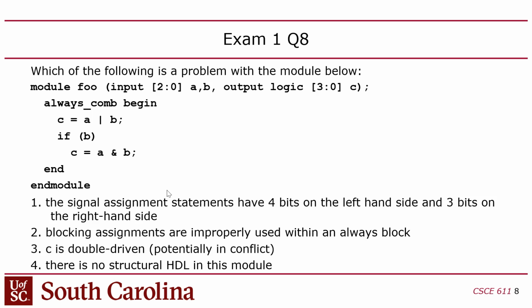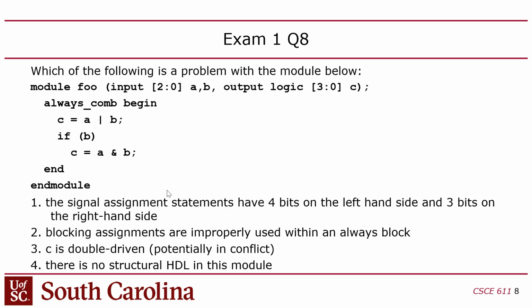It also says blocking assignments are improperly used within an always block. I mean, no, that's fine. In fact, you should use blocking assignments in an always block if the always block is describing combinational logic, as it is here, not clocked. C is double driven. That's not true because C looks like it might be double driven, but because both assignments to C are in the same always block, it means it's not double driven, right?